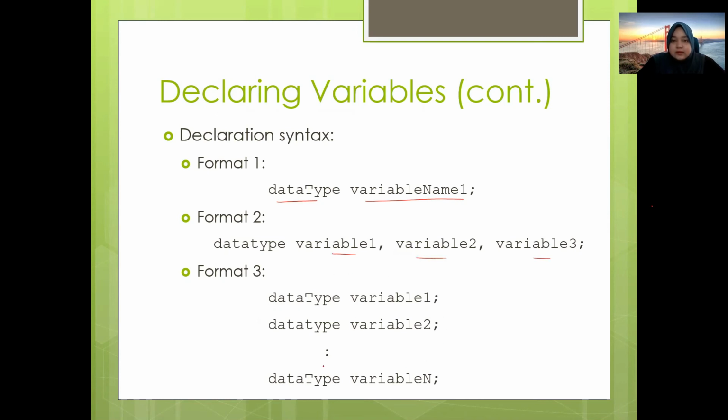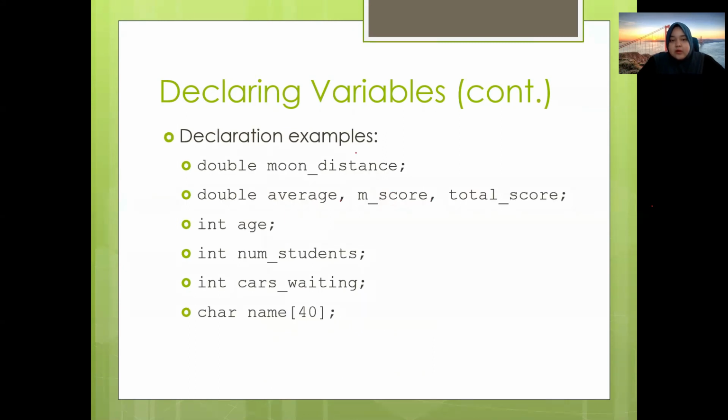Ni formatnya ketiga. Okay, contohnya declaration example: double moon_distance; maksudnya moon distance, dia nak simpan moon distance yang berjenis double. Data type double average, M score, total score. Maksudnya ketiga-tiga ni menggunakan data type yang sama, so kita boleh gunakan format yang kedua.